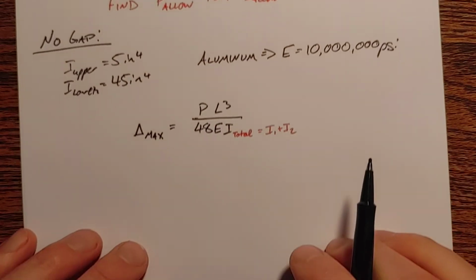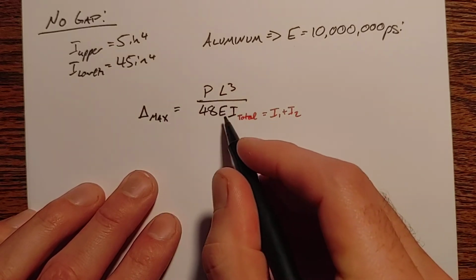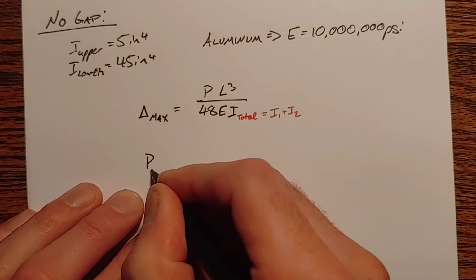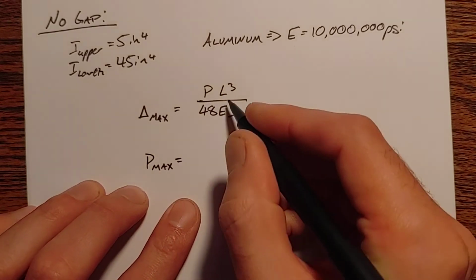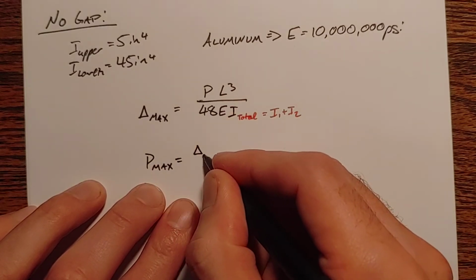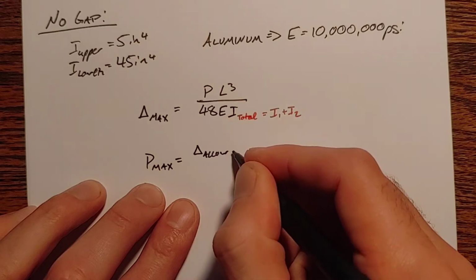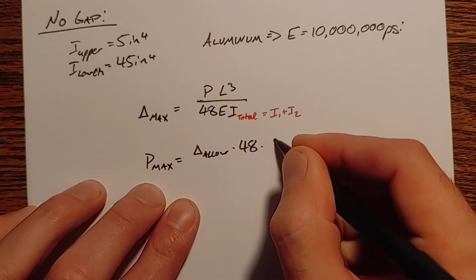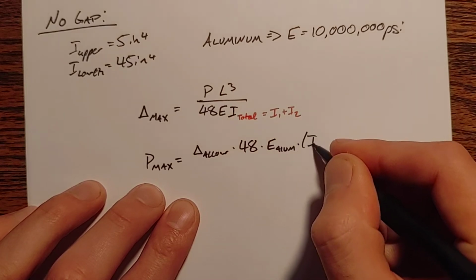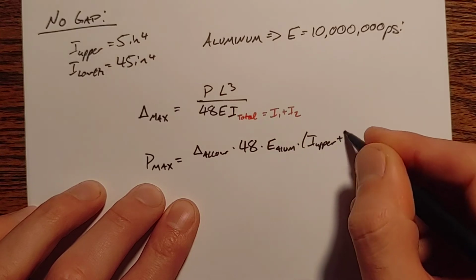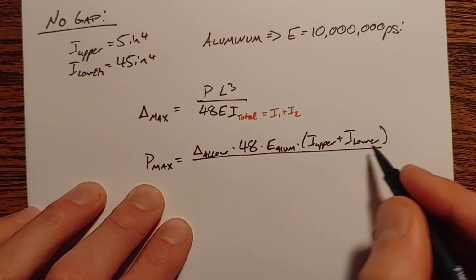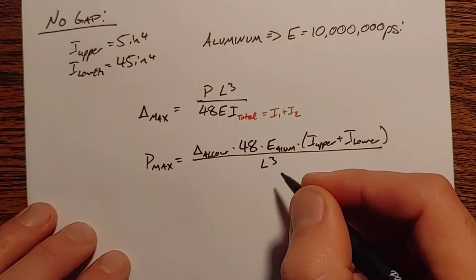So we're going to flip this around and find our P max. So P max is equal to, we're bringing all of this bottom over here, delta allow, in this case, times 48 E aluminum times I upper plus I lower, and that's all going to be divided by L cubed.